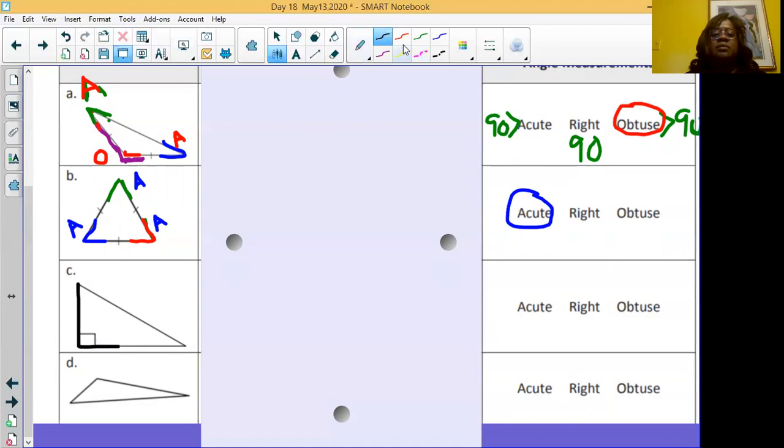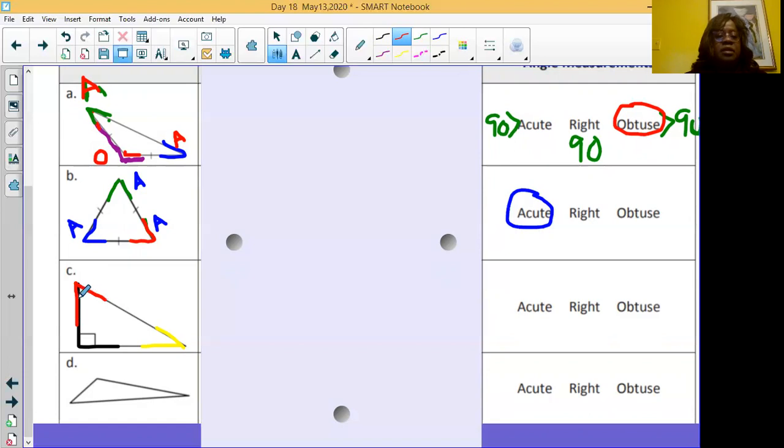Okay, that's one angle. I have an angle right here, and I also have an angle right here. Okay, so there are my three angles.